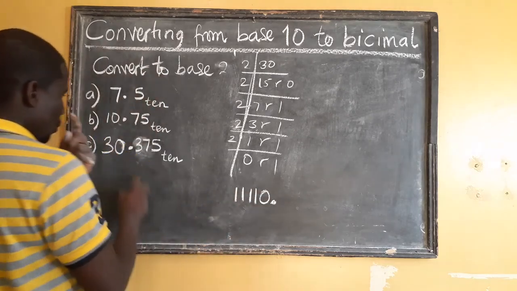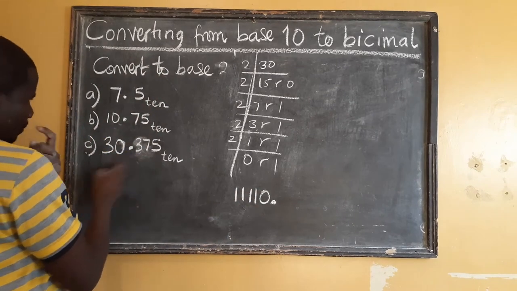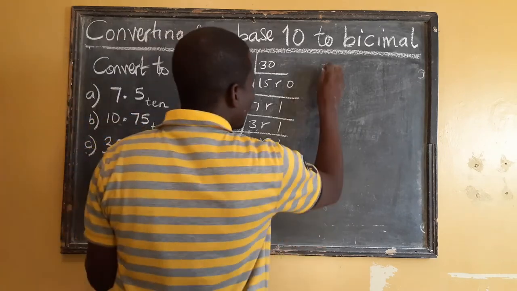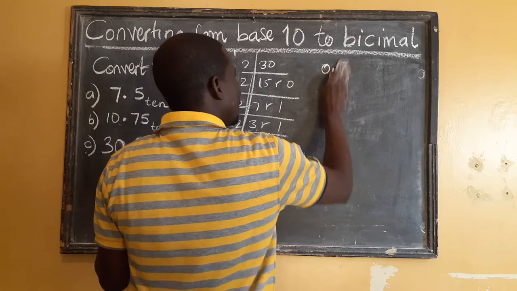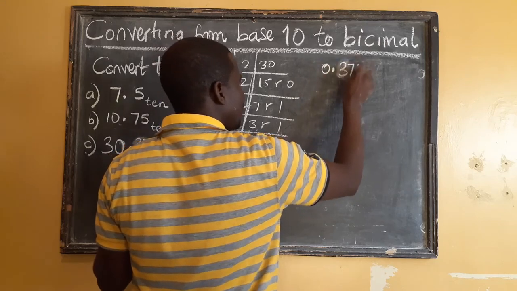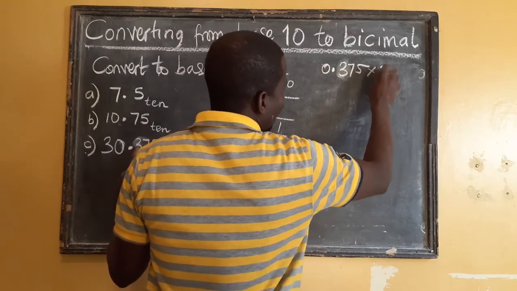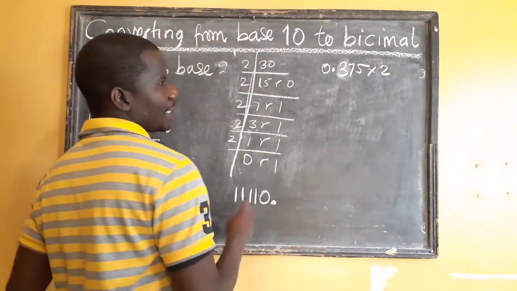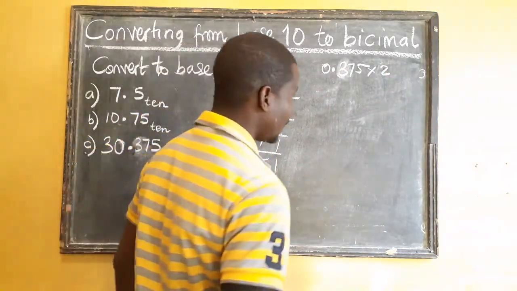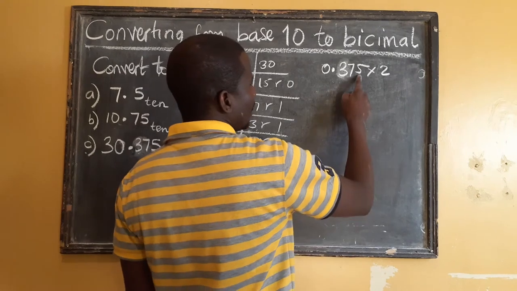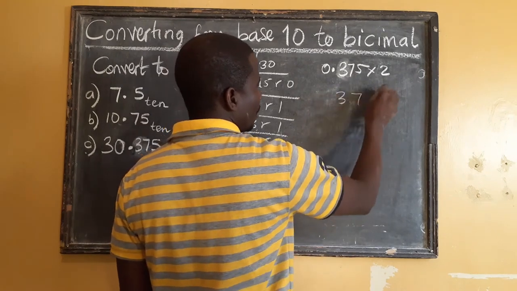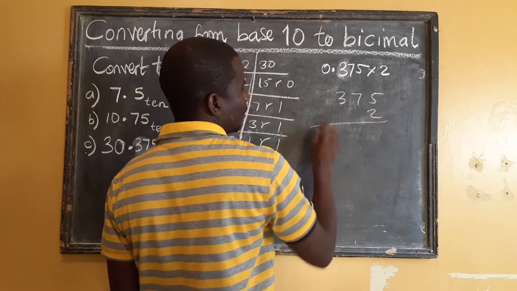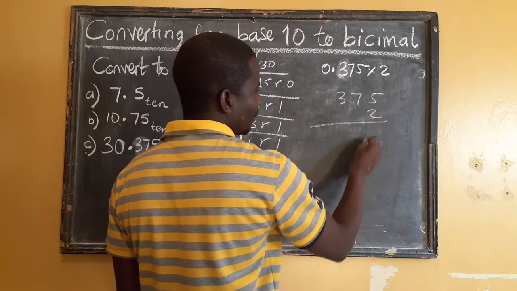Point. We get the whole number part now. Let's get the whole number part. It's 0.375. We multiply this by 2. What are we going to get? When you multiply this by 2, this is going to give us 0.